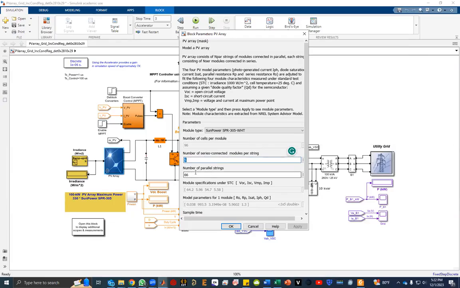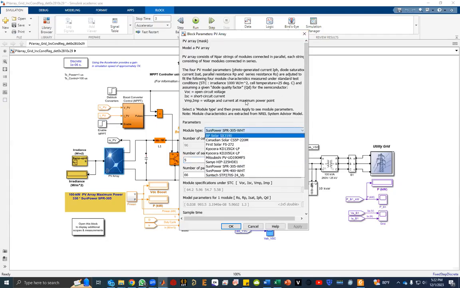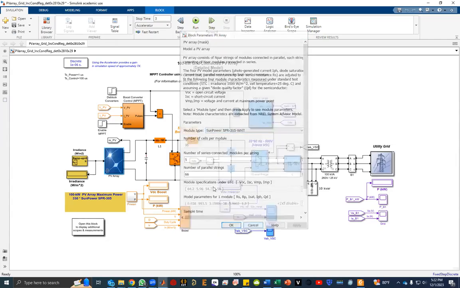So the total number of modules will be 66 times 5. This way, we can achieve our desired current and voltage in the PV array system. You can choose any of the companies, but their profile is totally different. According to this, you need to change the value.